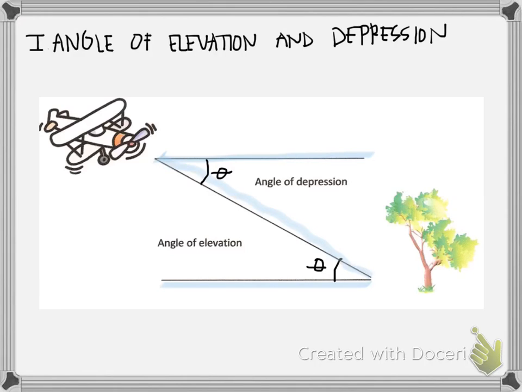All right, so let's look at some examples. We're going to look at number 2 on your worksheet. The angle of elevation from a kicker's foot on the football field to the top of the goalpost bars is 17 degrees.